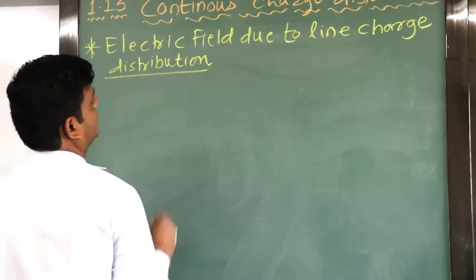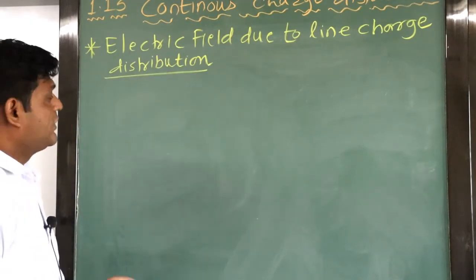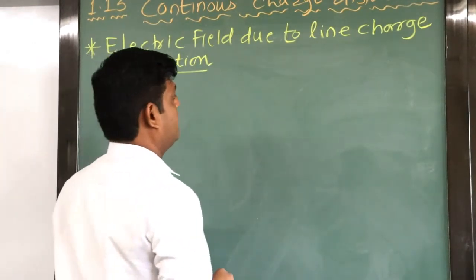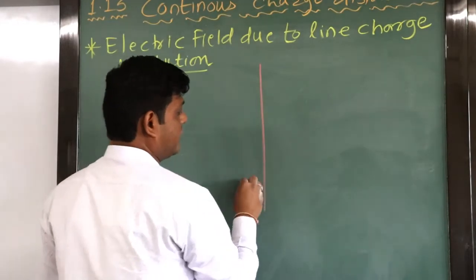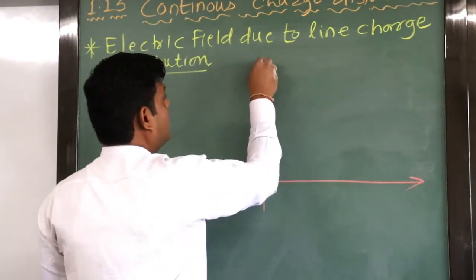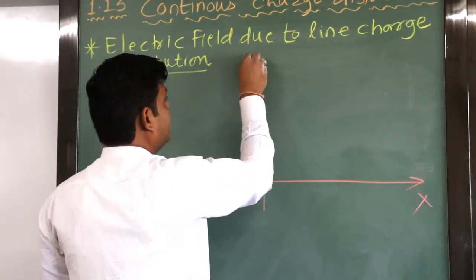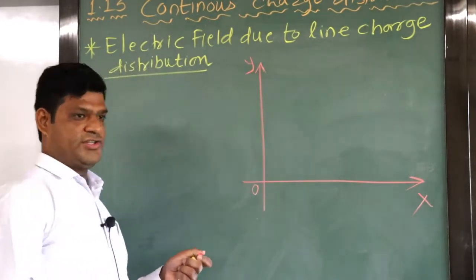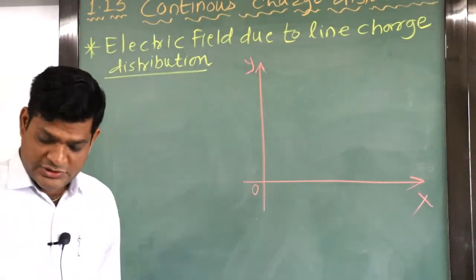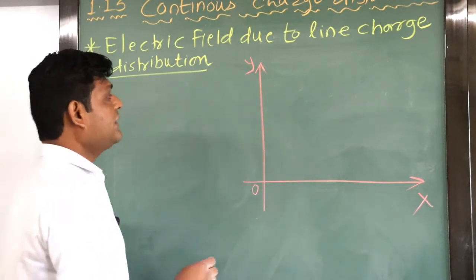Right? We are going to draw the diagram. First of all, this is the XY coordinate system, X-axis, Y-axis with respect to the origin. And at that origin, we will see one line.